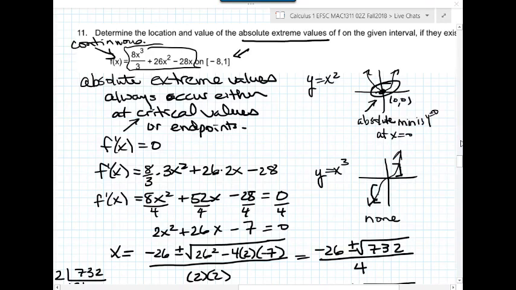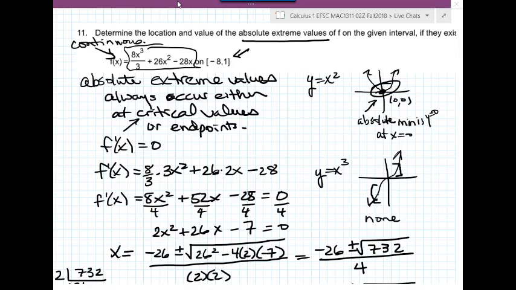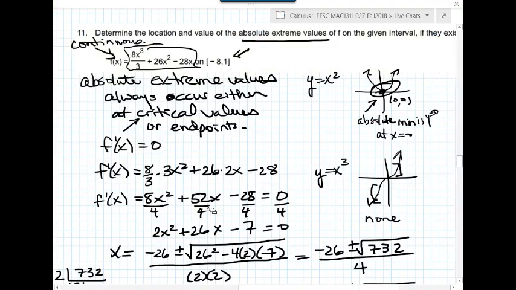Ooh, that's a mess. Hold on just a second. Let me make sure I did this right before we continue. No, I think I made an error somewhere. Let's see. Sorry about that, guys. Can anybody see my error?